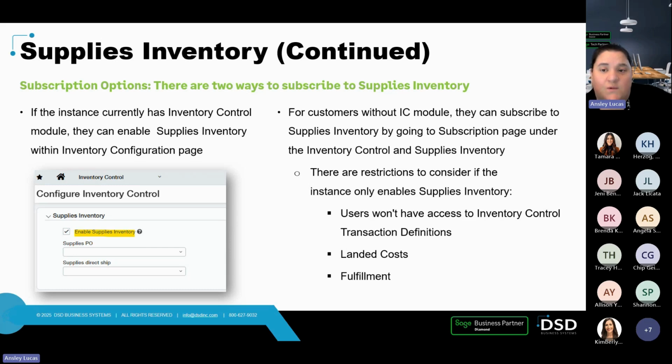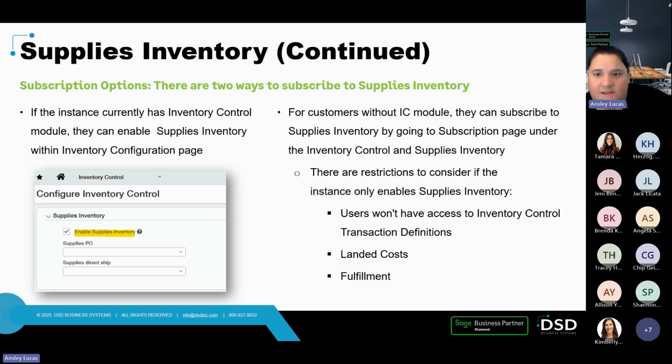If you are not using inventory control, you're not keeping track of item counts and costs related to anything that you sell to your customers, but you still have this internal need for the supplies inventory that you're discussing, you can subscribe to just supplies inventory.